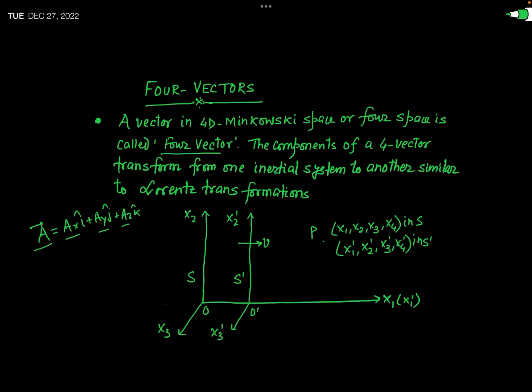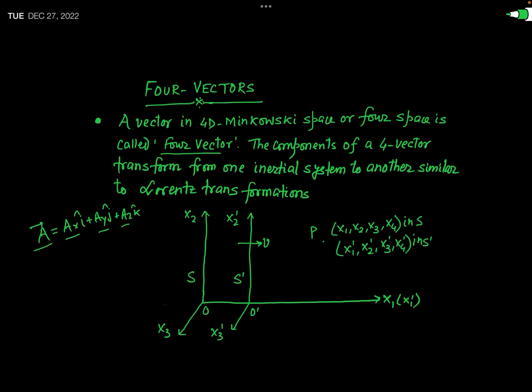In fact, you have learned in the previous lecture the components of a four radius vector, that is the four position vector, how it is transformed from one inertial system to another. Okay. You have learned that actually the four components of a four radius vector are transformed in accordance with the Lorentz transformations.